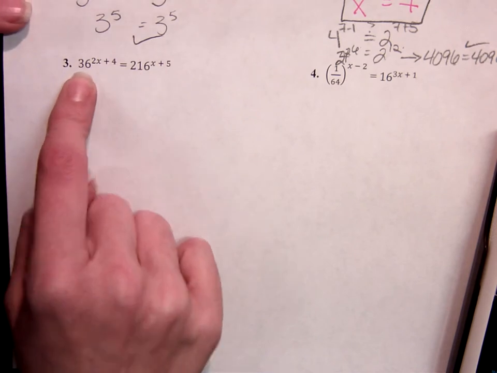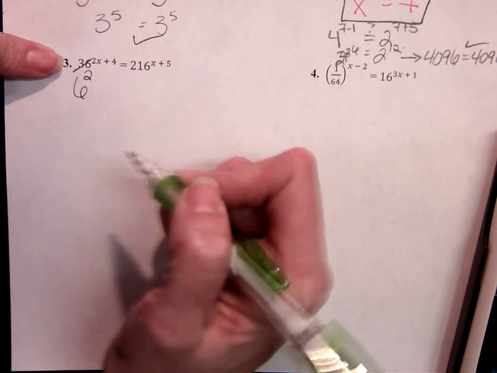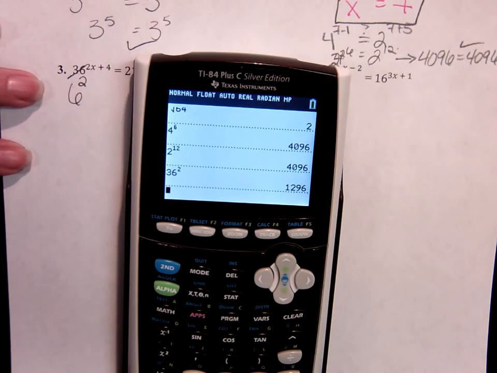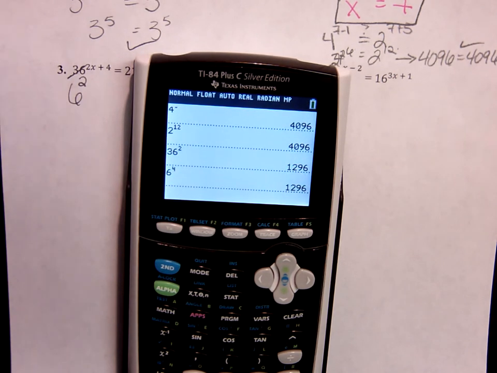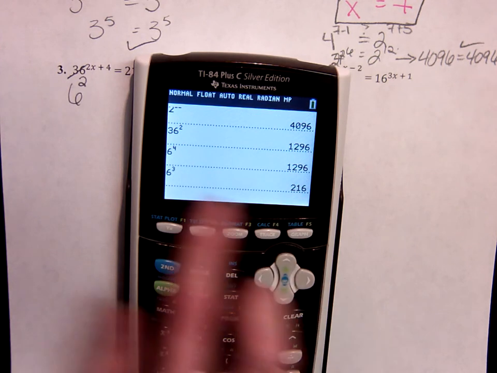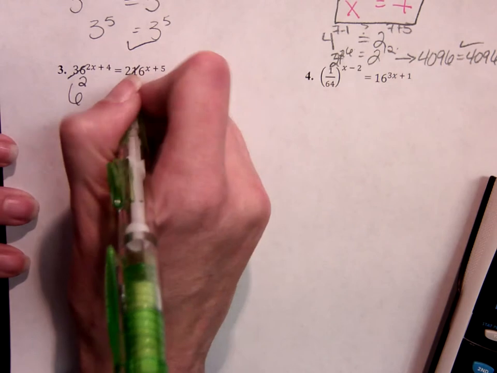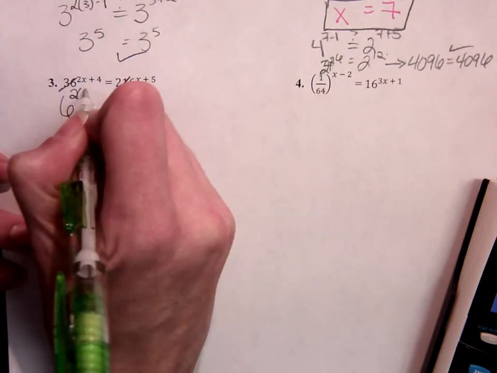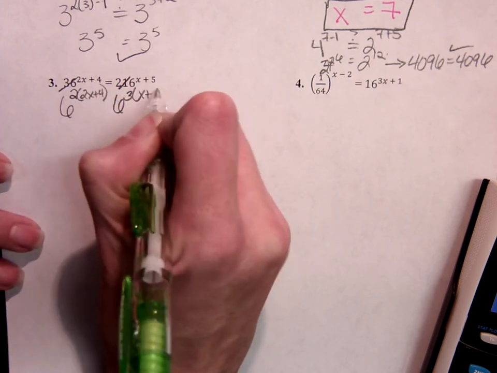So if we think about 36, that's 6 squared. Can I write 216 as a power of 6? Well, try 6 to the 4th. Too big. 6 cubed. Hey, there's our 216. So I can change this one to 6 cubed. Bring down the 2x plus 4. Bring down the x plus 5.